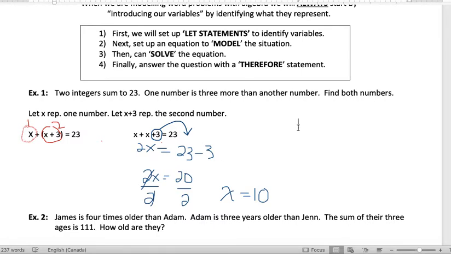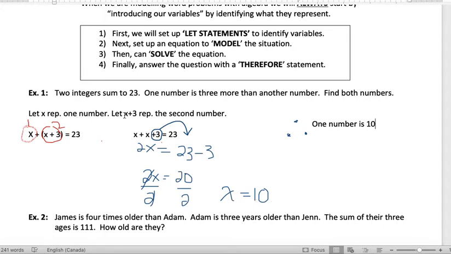So therefore, we can actually do our dots for therefore. They're not very visible. There's 1, there's 2, there's 3. So our therefore statement: one number is 10. So we said x is equal to 10, but we have two numbers. So let x represent one number. One number is 10.